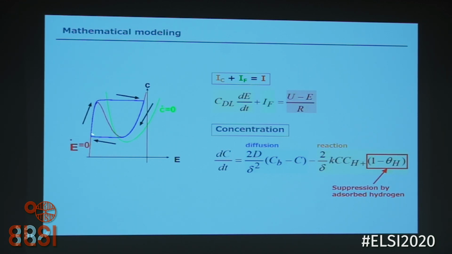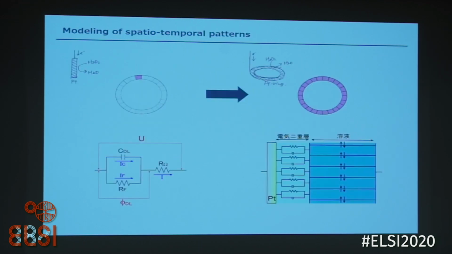And we can also get the limit cycles here that tell us double layer potential and the concentration oscillate each other. And the important point is, if we have not considered the suppression effect by hydrogen, limit cycle never appears. So, like this, in electrochemical system, the oscillations easily appear like this.